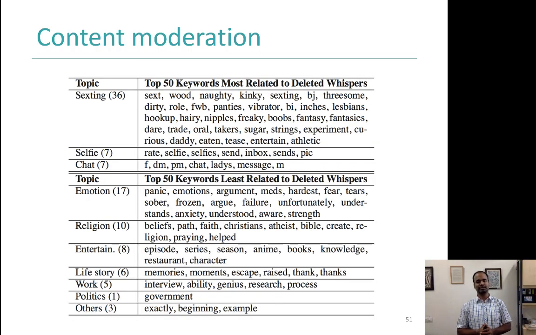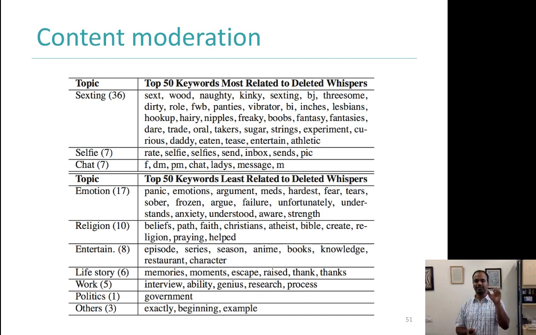The categories that they had were sexting, selfie, chat, topic, emotion. The table shows the top 50 keywords most related to deleted whispers, and the top 50 keywords least related to deleted whispers.